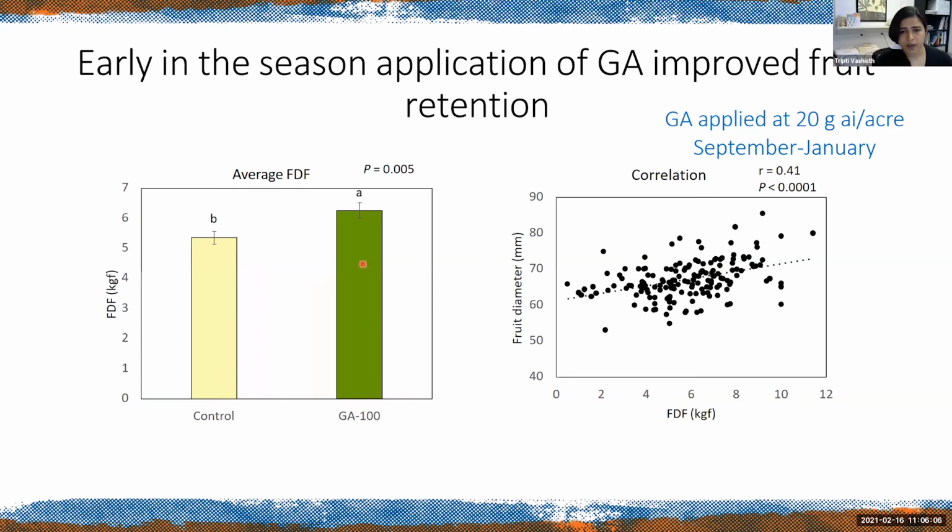And we did see a positive correlation between the fruit detachment force and fruit size. So larger the fruit is, more difficult it is to remove from the tree. So all of that indicates that GA is helping with the fruit retention and fruit size improvement.